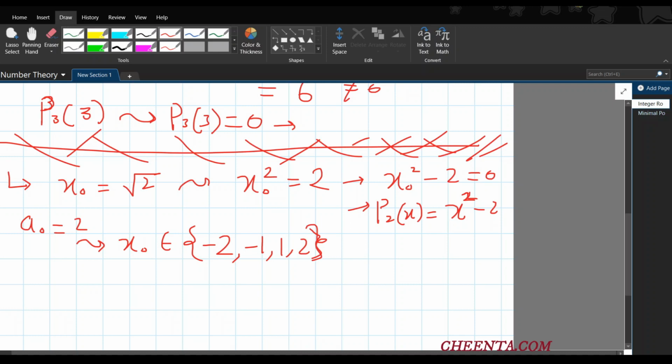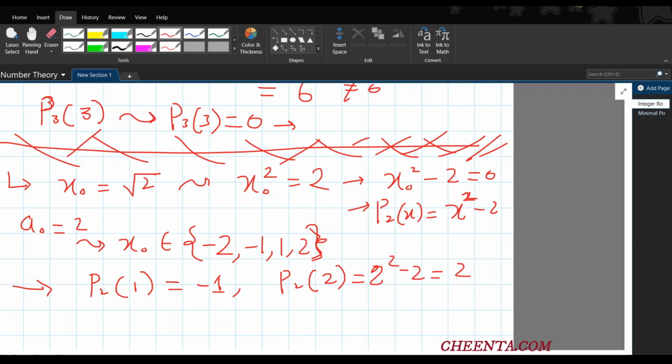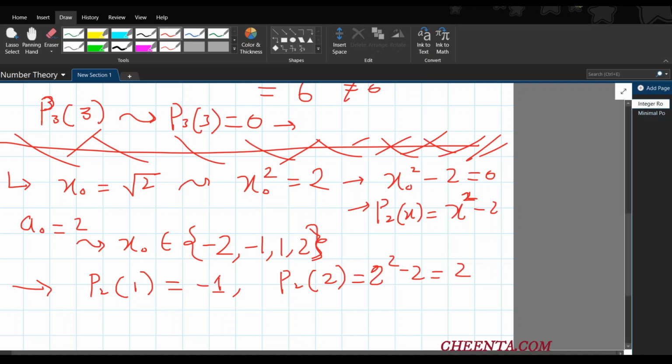I hope it is clear. Now if I find the value of this polynomial, for 1 I get minus 1. If I put the value 2, I get 2 squared minus 2, so 2. It is symmetric in the positive and negative direction, so you will get the same values. So you see that any member of this set is not a solution of this polynomial.